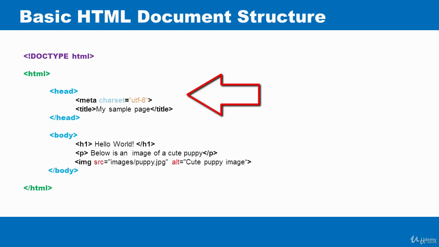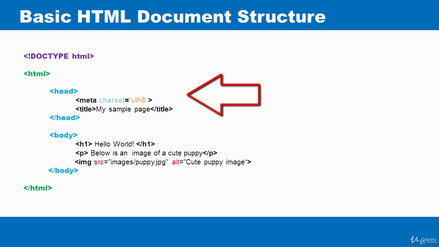Whatever content is enclosed between the head element isn't the content that is visible when someone visits your web page. So within the head element, you can add tags like the meta charset, also the page title. You can also include that in there.